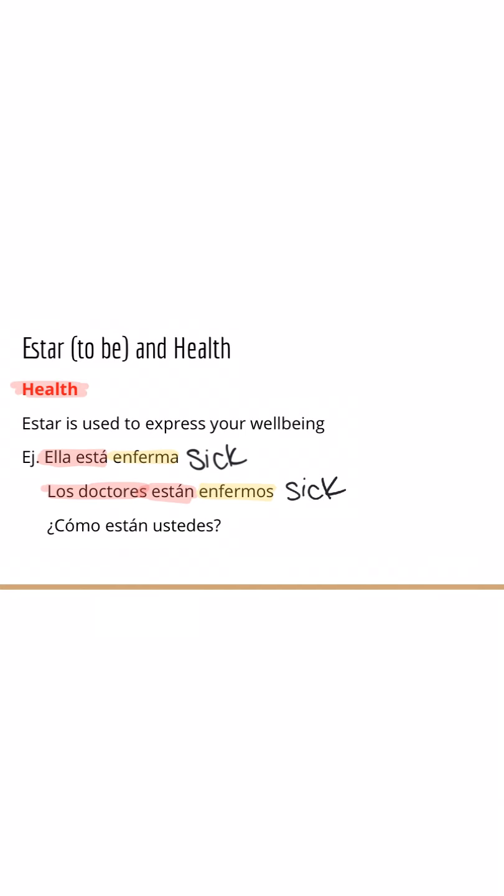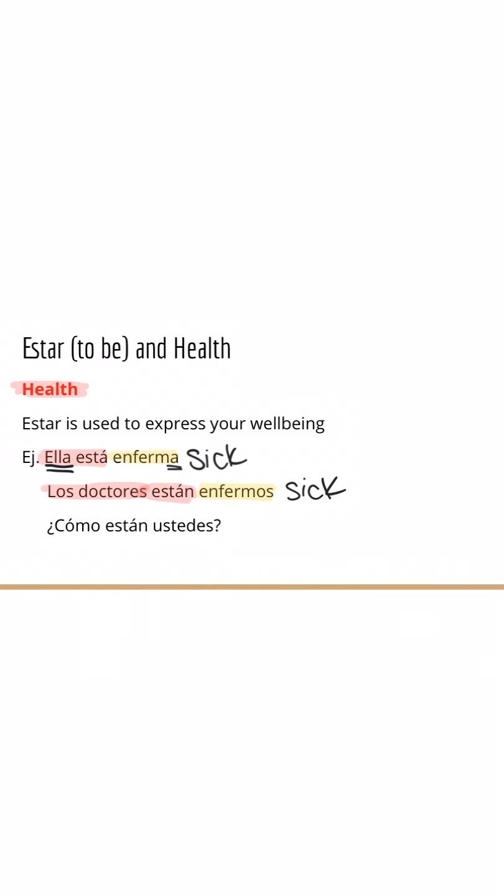But remember when I said that everything must match in gender and number? I really meant it. So here we go. Enferma, it ends with an A because I'm talking about ella. It's an adjective. And adjectives, we're going to learn a lot about them later. But adjectives have to match in gender and number to what they're describing, right? So if I'm talking about a single girl, I'm going to have a single feminine adjective.